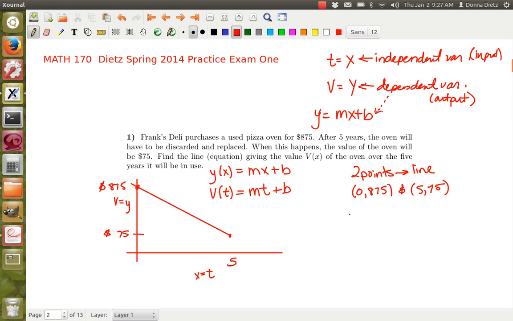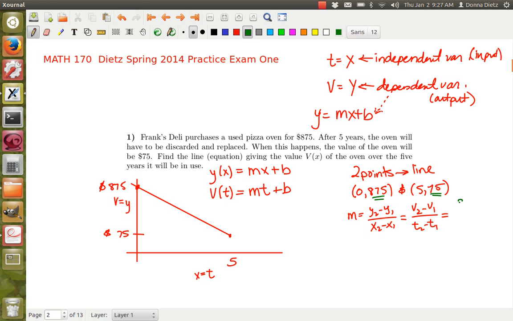All right, so m is change in y over change in x, right? But what is our dependent variable? It's v. And what is our independent variable? It's t. Okay, what is v2 minus v1? That means value number 2 minus value number 1.